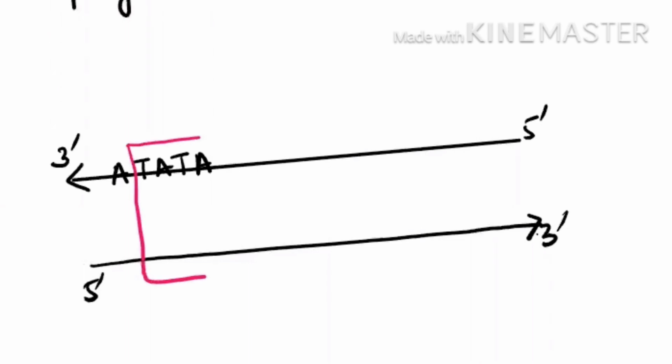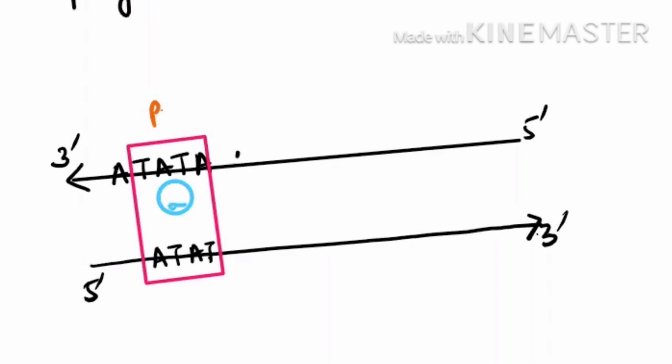So this is the promoter of the transcription unit. Obviously complementary, here it will be A, T, A, T. So this is a promoter area, and the promoter area is identified by the enzyme RNA polymerase with the help of a sigma factor.